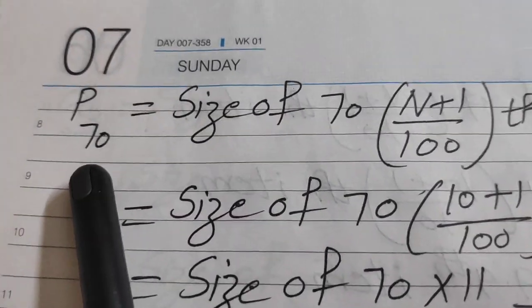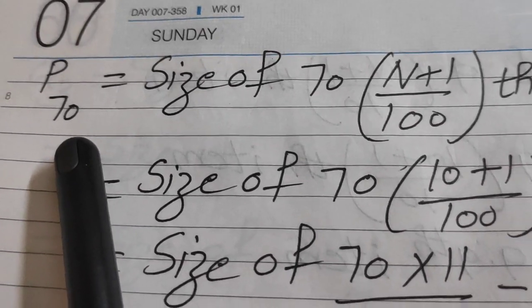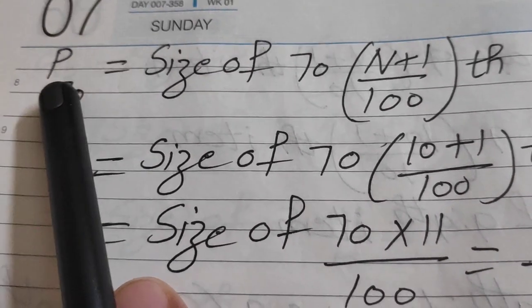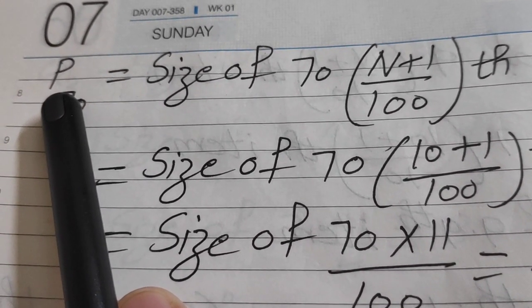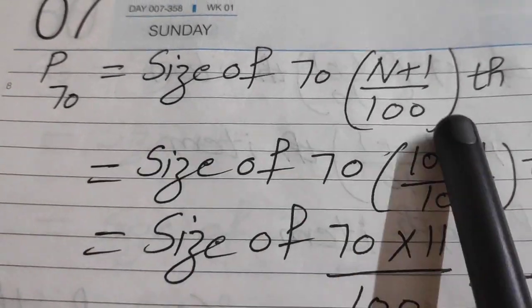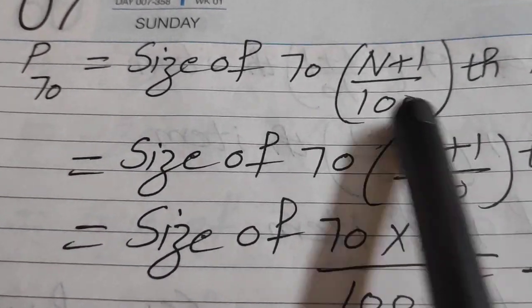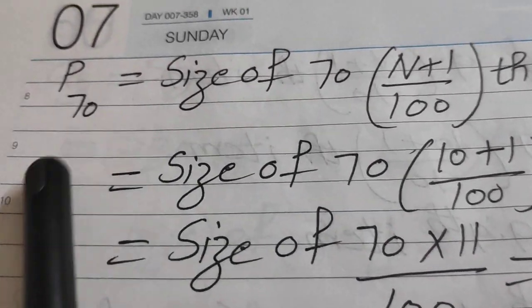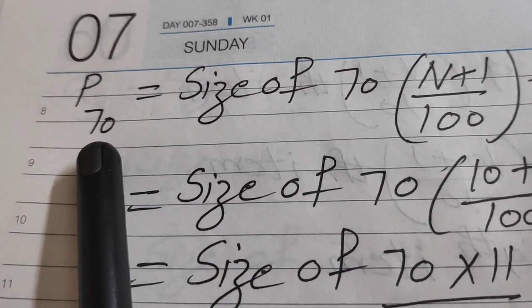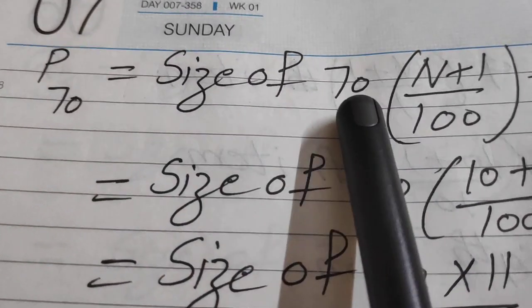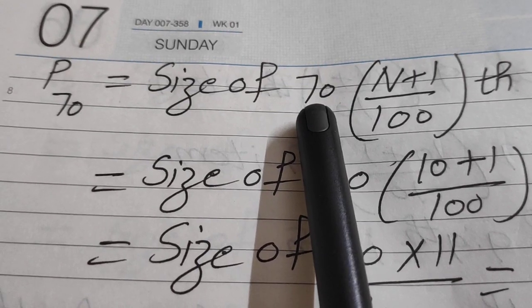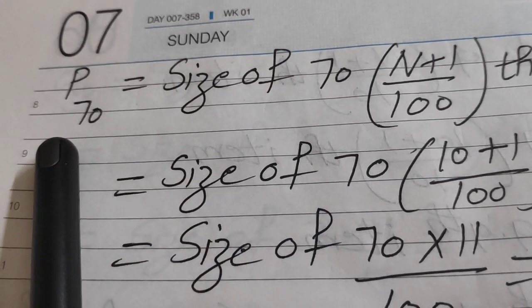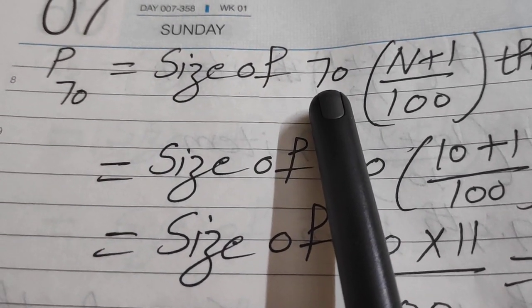Next value to calculate here is P70. Again percentile divides the series into 100 equal parts. So n plus 1 will be divided by 100 into 70. If suppose we have to calculate P60, then here it will come to be 60. Then P30, then here it will come to be 30.